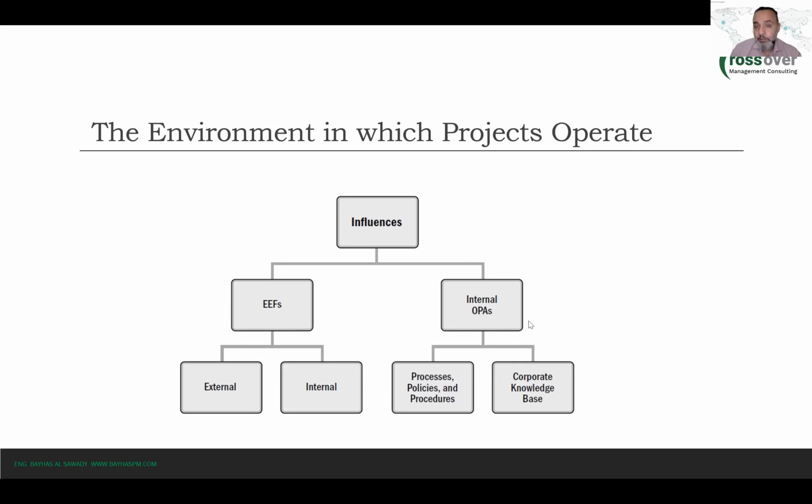The second group of influences is what we call the internal OPAs, organizational process assets. And those are basically two things. The corporate knowledge base.